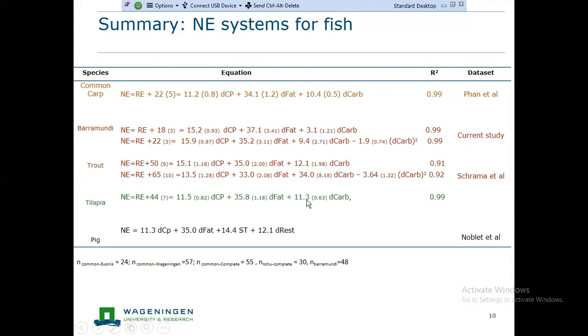It's quite large for tilapia and carp, around 10 to 11, and quite comparable to that of pig. That's also large for trout. So even among carnivorous fish, the digested carbohydrate utilization efficiency is largely variable.